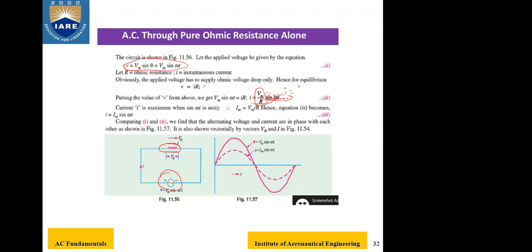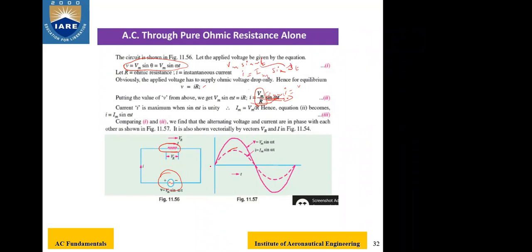Here the voltage waveform has been considered, and the current waveform has been considered. If you take V is equal to Vm sin omega t, that is the voltage waveform. Here I is equal to Im; this magnitude we are representing with Im. What will be the angle? There is no change in angle. We get sin omega t directly, so there is no angular difference between these two waveforms.